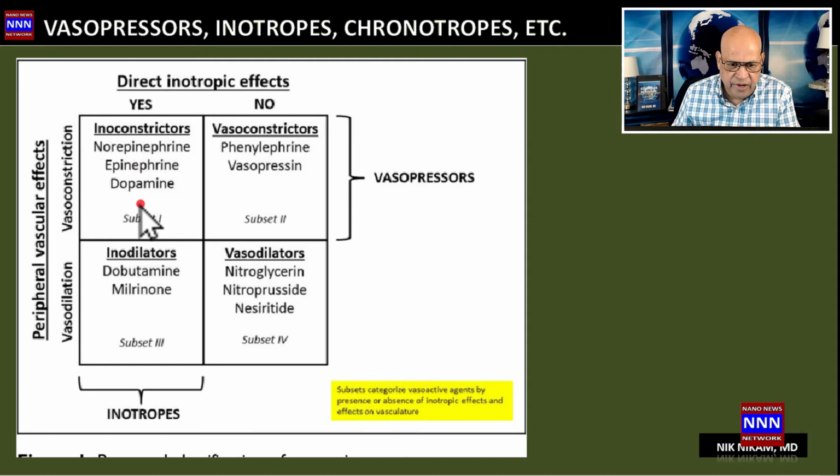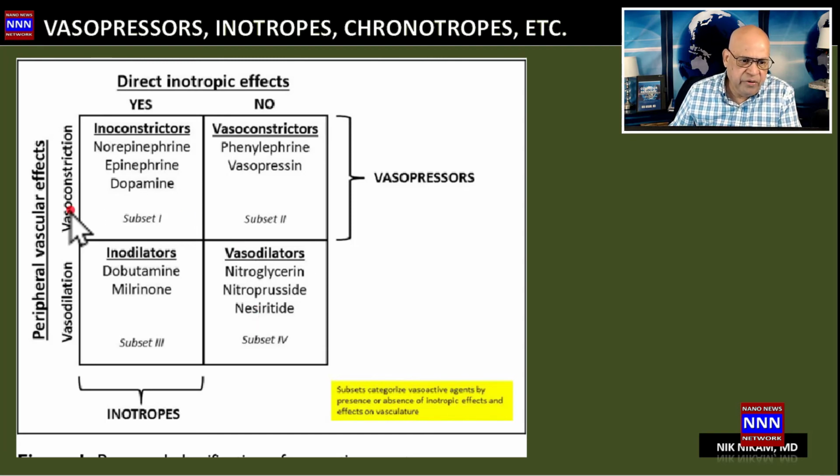Whereas if you are dealing with a patient who does not need inotropic support, where the ventricular function is okay, but you're predominantly looking for vasodilatation, then you use drugs like nitroglycerin, nitroprusside, or nesiritide, and these are used in patients with acute chest pain or ischemic heart disease, or patients who have hypertensive crisis or pulmonary hypertension.